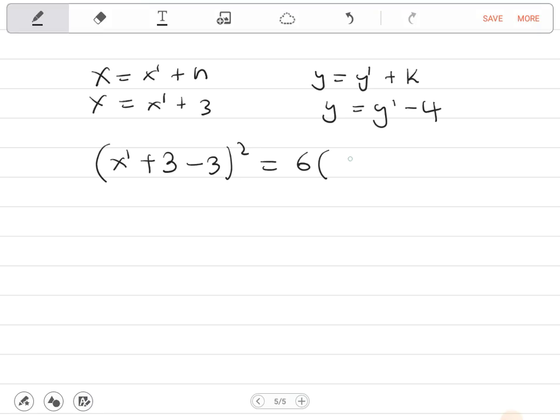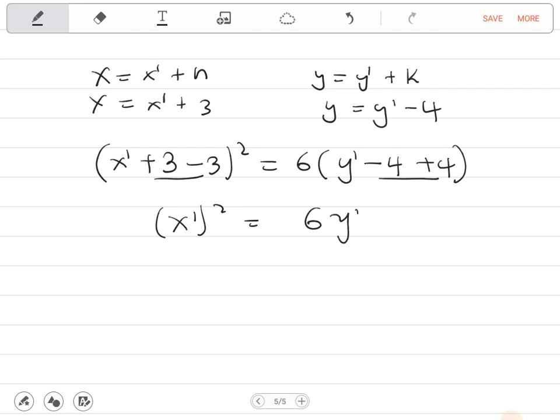What is our y? Our y is y prime minus 4, so this one will give us 0 and this one will give us 0, so we end up having x prime squared is equal to 6y prime, which is still a parabola.